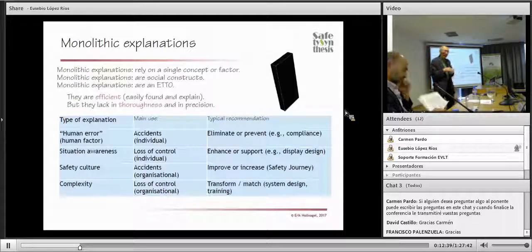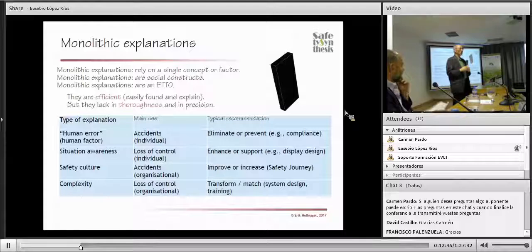And this is the issue with safety. We try both to understand what happens in the sense that we find something that we can do something about. We can change it, we can improve it, we can remove it. But we also psychologically try to find something so we feel we're safe.